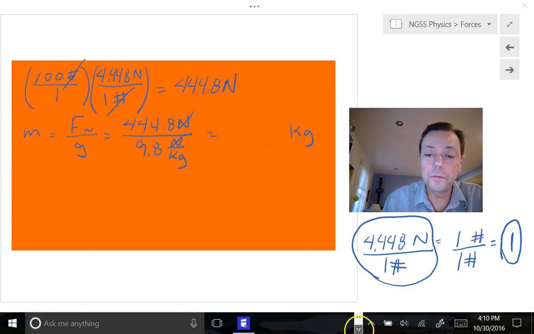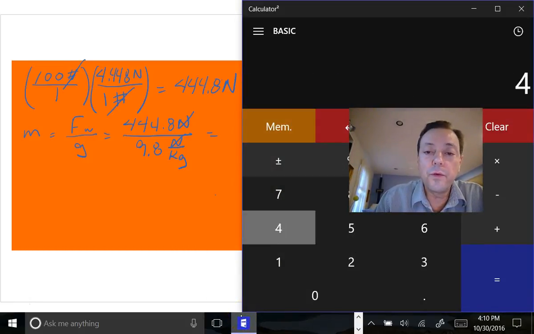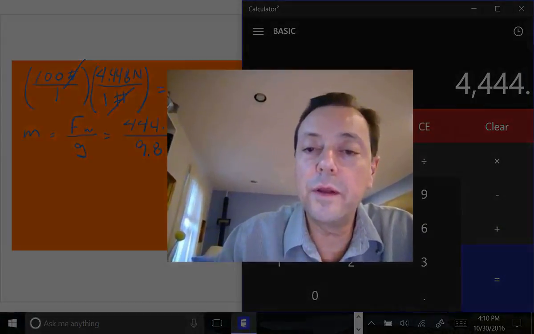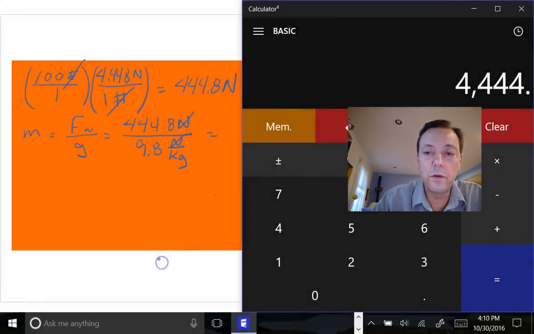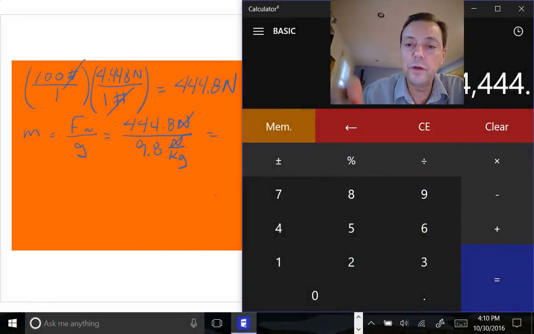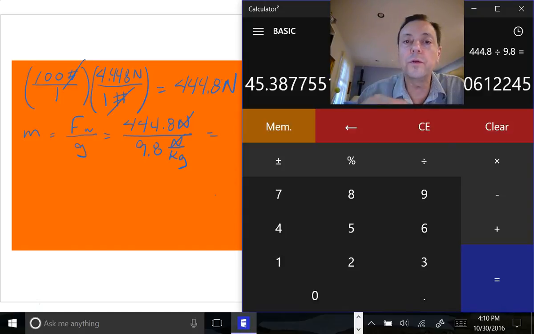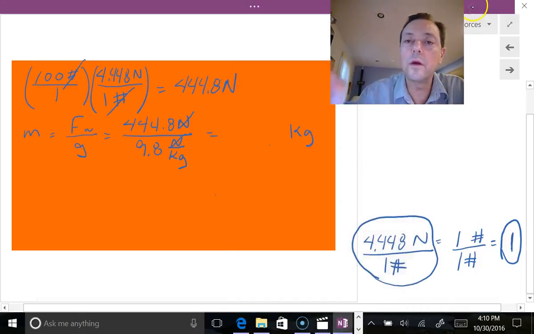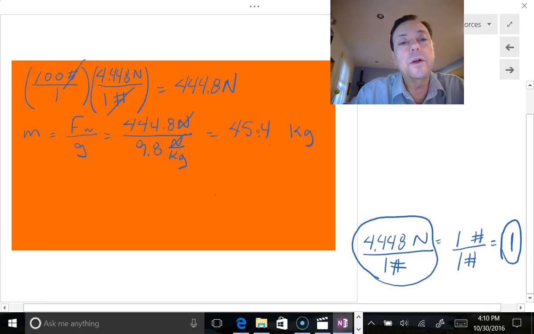And so 444.8 divided by 9.8 is equal to about 45.4 kilograms.